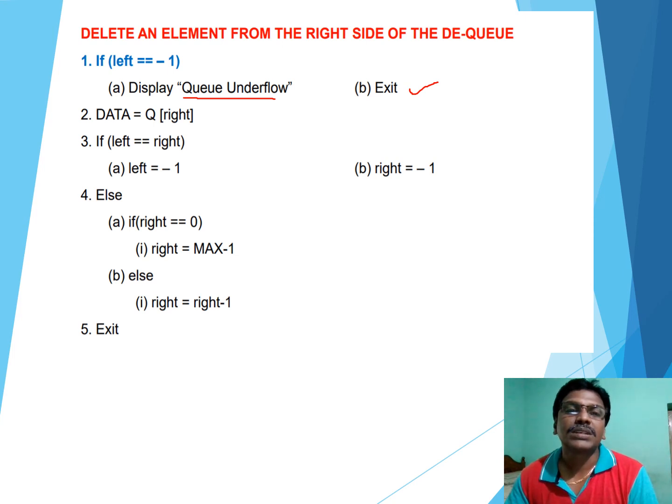So first the right value is assigned to the data, it means simply print the deleted data, and if left equal to right, it means it is a single value. The left and right are representing one pointer, that is the only one value in the queue. That's why we assign left equal to minus 1 and right equal to minus 1. Because it is one value, once deleted, the queue is empty.